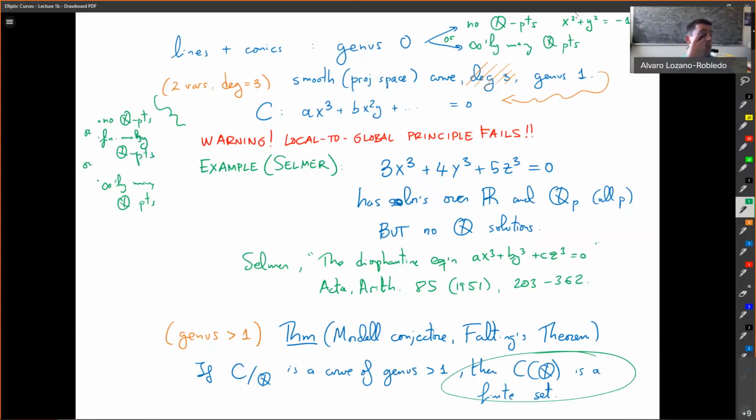So from another point of view, elliptic curves come up in all sorts of different ways. I have some examples in the homework.